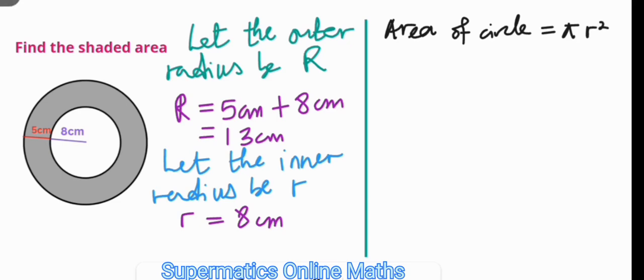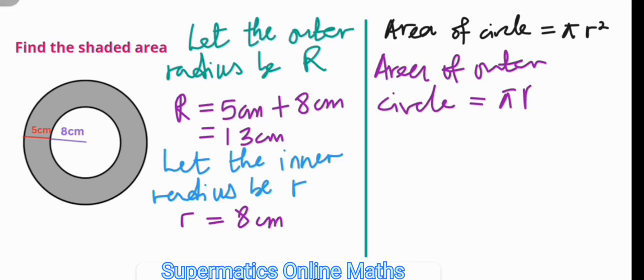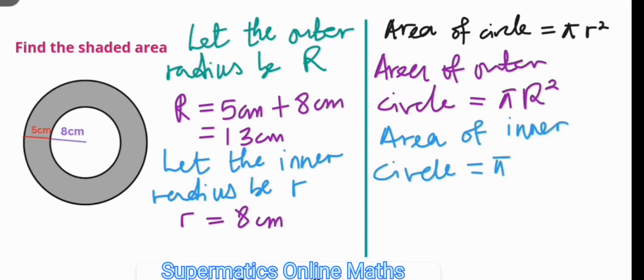Therefore, the area of the outer circle is pi times the uppercase R to the second power, while the area of the inner circle is pi times the square of its own radius, the lowercase r.